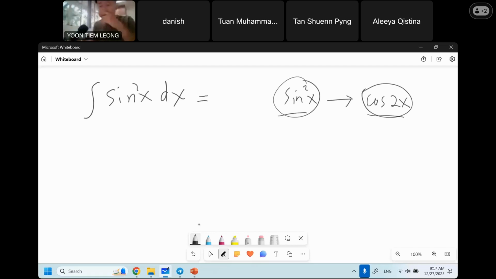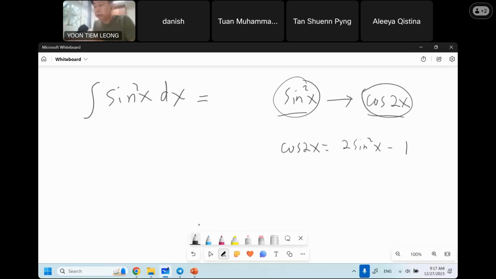The obvious identity to use is cos of 2x equals 1 minus 2 sine square x. Okay, I think that is the correct identity that relates sine square and cos.